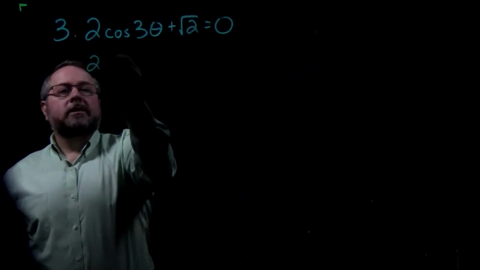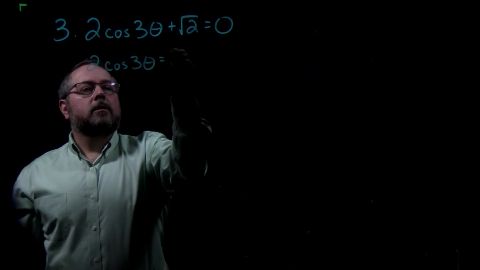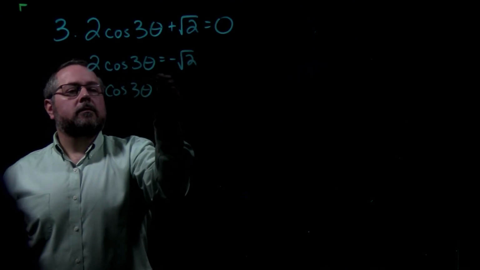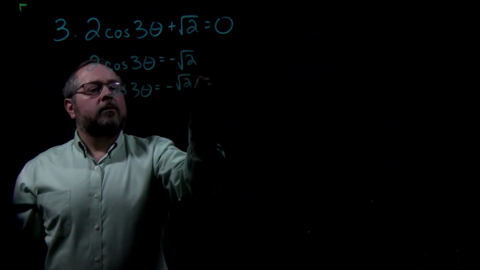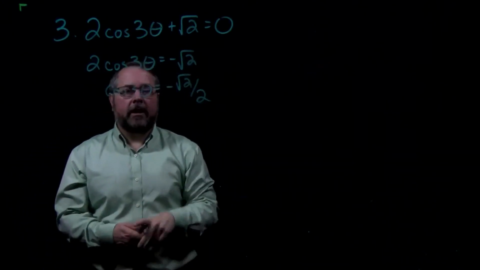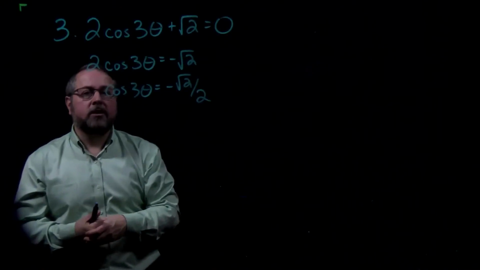Okay, so we'll work through this the same way we worked through the other problems. And for the time being, we'll ignore the fact that we have a 3 theta instead of just a theta. We'll solve the problem the same way as we did the first two examples.